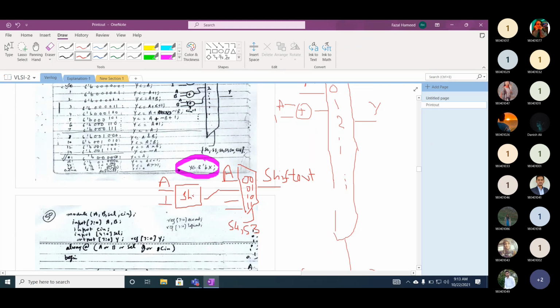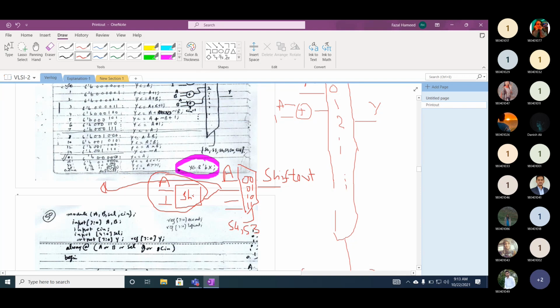If you are left shifting A by 1, it's very simple. Let's assume it is A7, A6, A5, A4, A3, A2, A1 and A0. What are we shifting in on the right? 0. So what will be the output here?